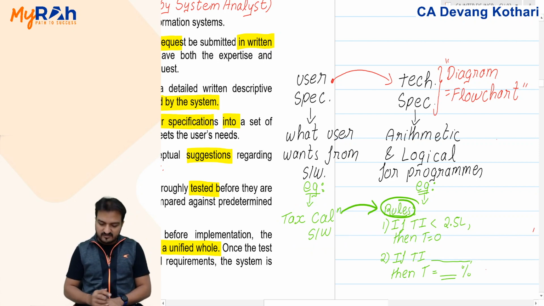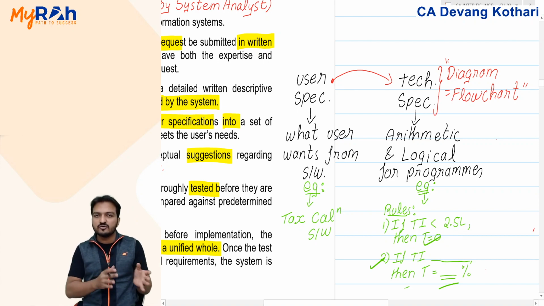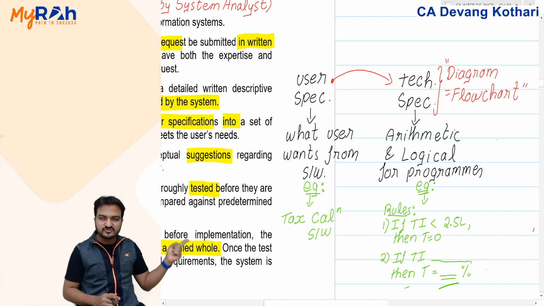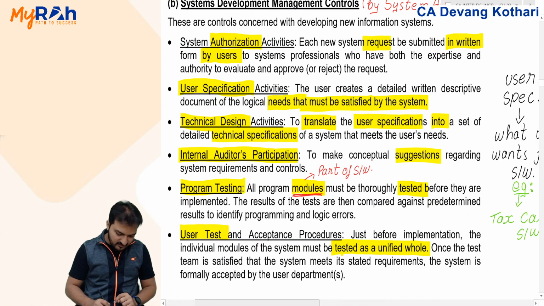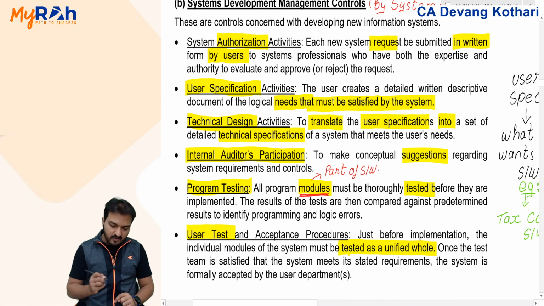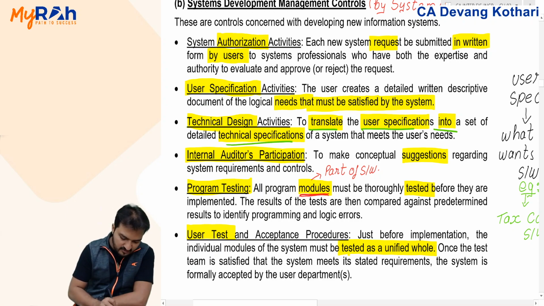He needs to design the rules that if the taxable income is less than this, then tax equals 0. If taxable income is this, then tax equals this. If-then rules like this he needs to make. Who will make that? System analyst has to make that. So the rules which the system analyst will make will be called the technical design. It will be the part where he will translate user requirements into the technical specifications.